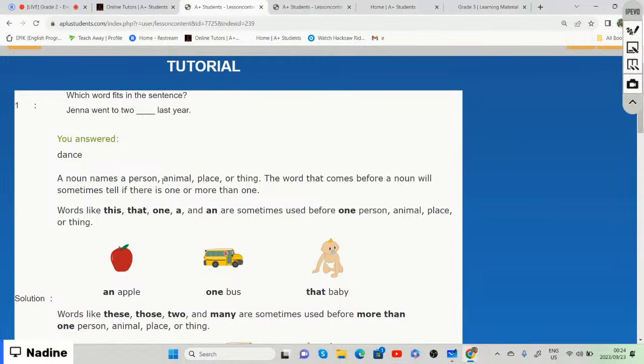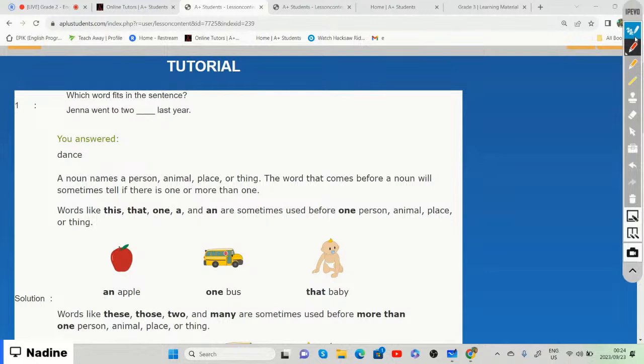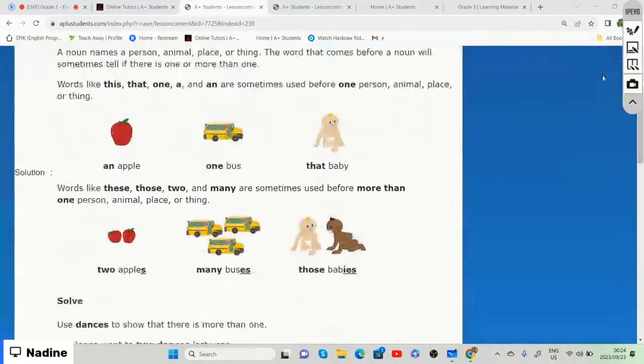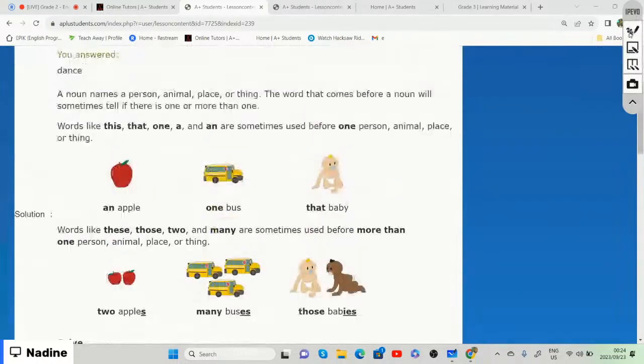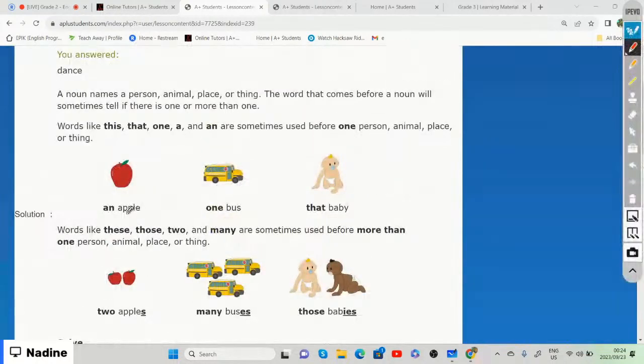All right, so an example, right? A few examples. Here we say an apple. So an apple, right? It refers to one apple, right? May I have an apple?